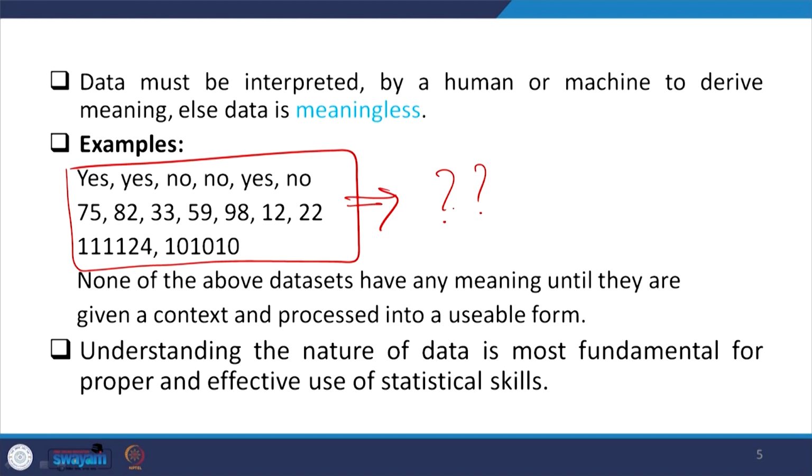None of these data sets explain or give any meaning until they are given a context or processed into a useful form, or if they are not discussed correctly, they are not usable. Understanding the nature of data is most fundamental for the proper and effective use of statistical skills.